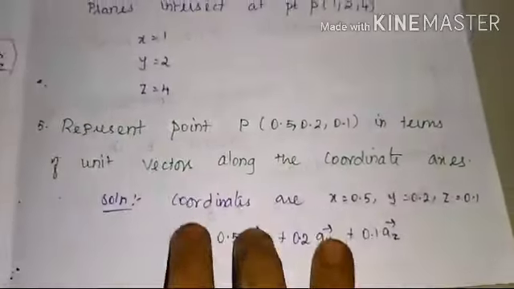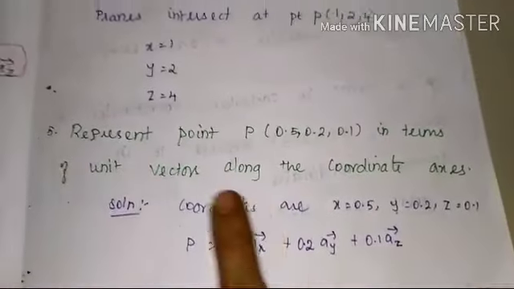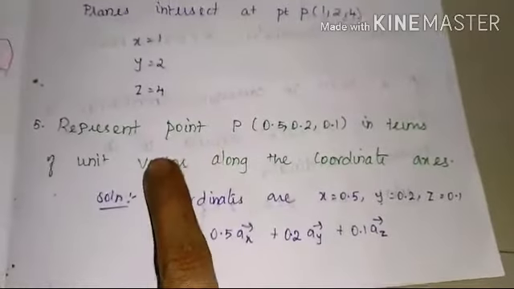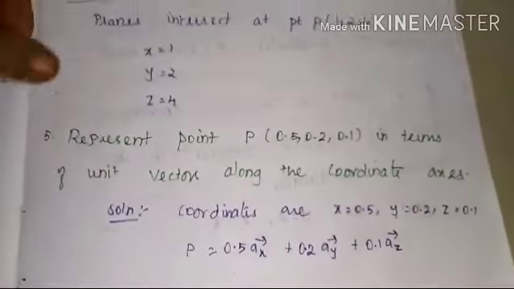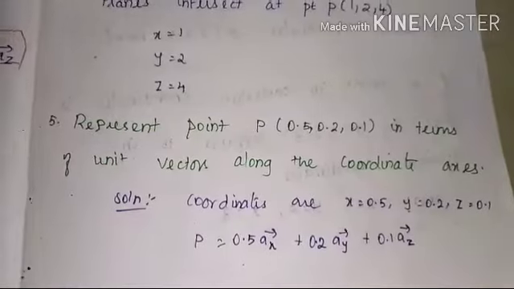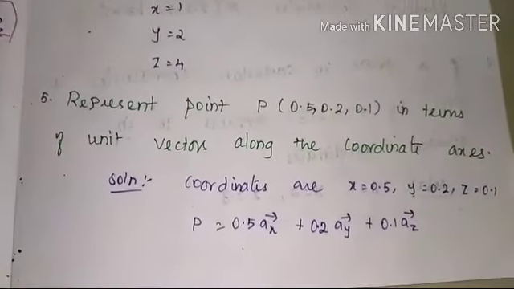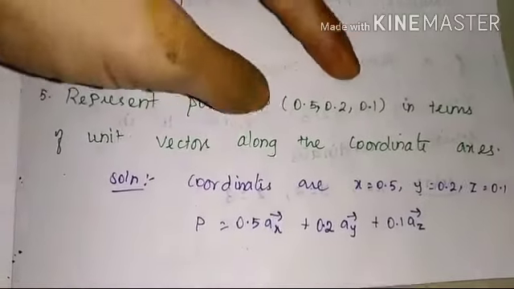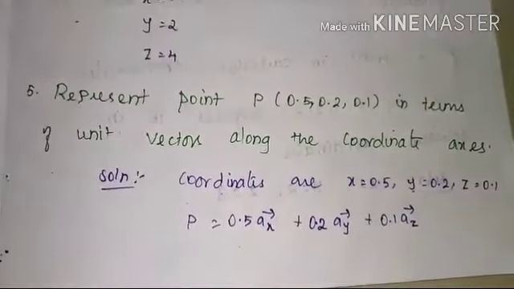See, this question is somewhat different from our previous question. Represent point P in terms of unit vector. See, in the last problem they asked about the coordinates alone. In this problem they are asking for the unit vector. So they have given the point, we have to find the unit vector.